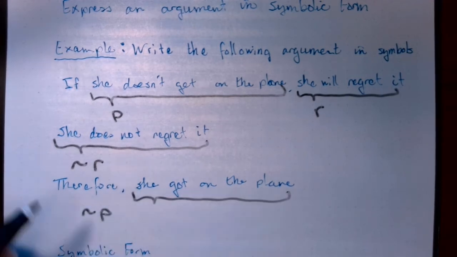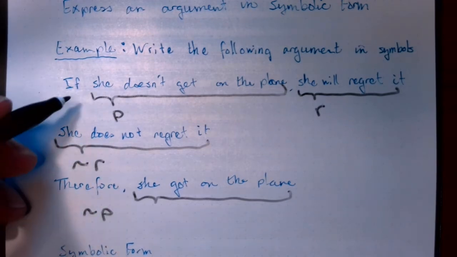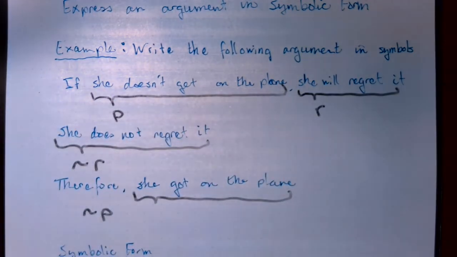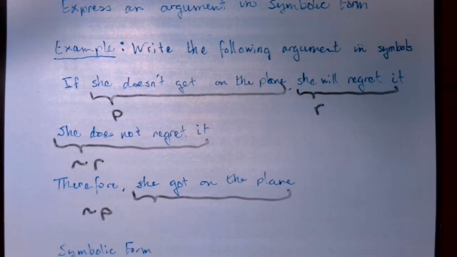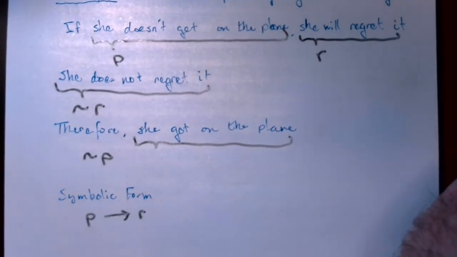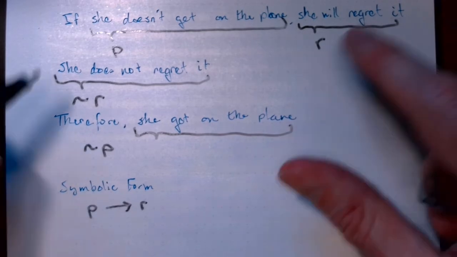Okay, so compactly in symbols, if she doesn't get on the plane, she will regret it. If P, then R. Alright, that's the symbolic notation for P implies R. So that's the first premise.